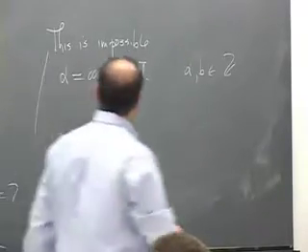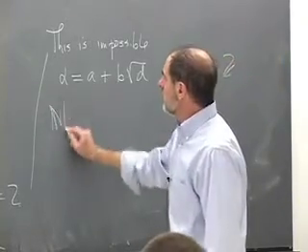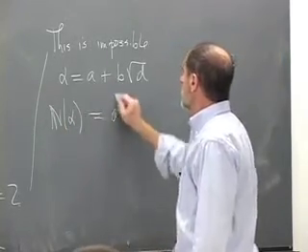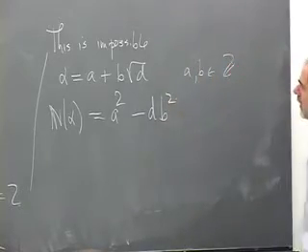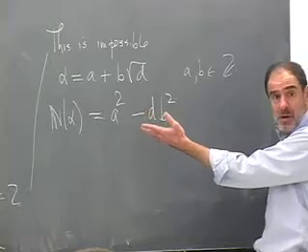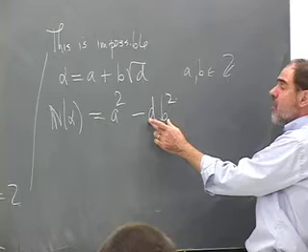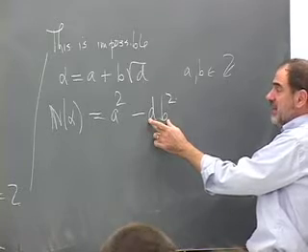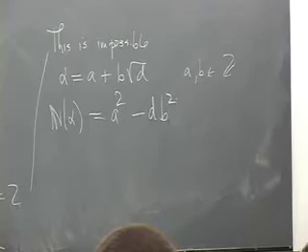Okay, now this is impossible because if we write alpha like this, the norm of alpha is a squared minus db squared. Now, how could this possibly be equal to 2? I mean, this number is quite large. Minus d is at least 5.